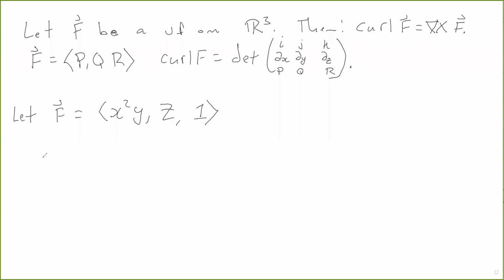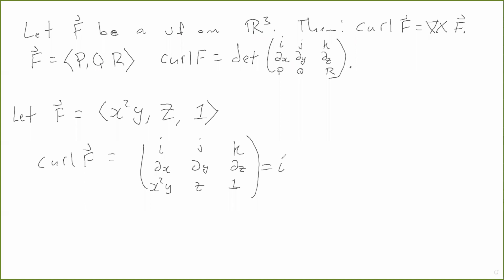Okay, then the curl of F is equal to the following: I, j, k. This is the partial x derivative, this is the partial y derivative, this is the partial z derivative. Here we put the P function, this is x squared y. Here we put the Q function, z, and here's the R function. Okay, so this is P, this is Q, this is R.